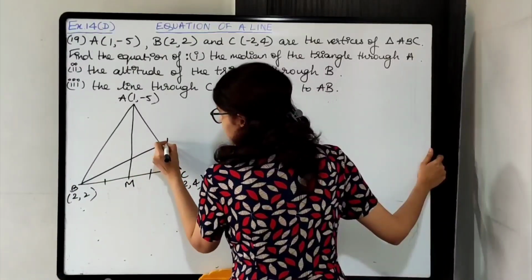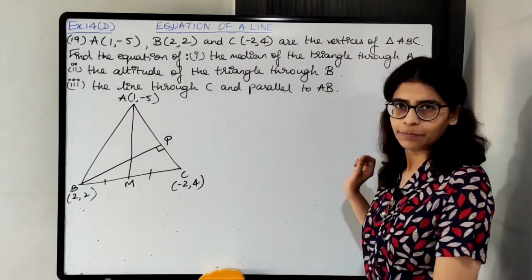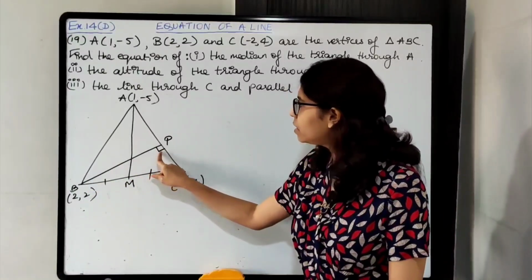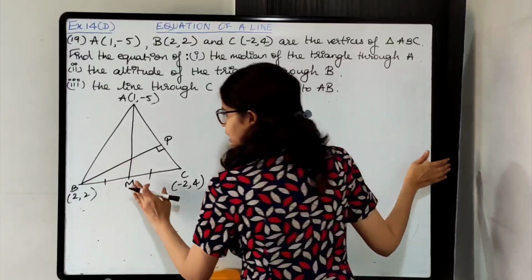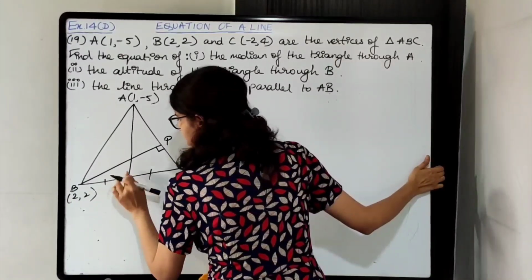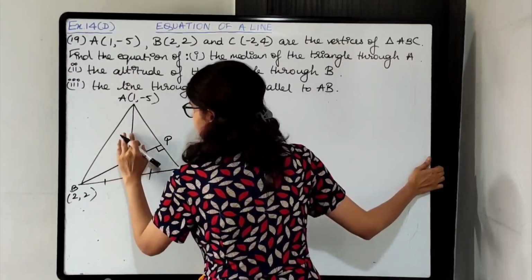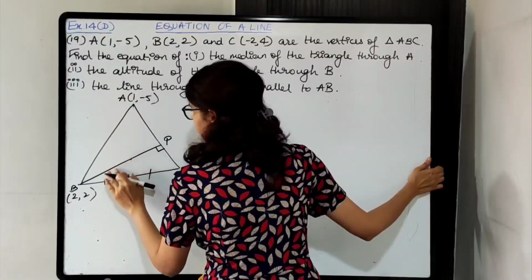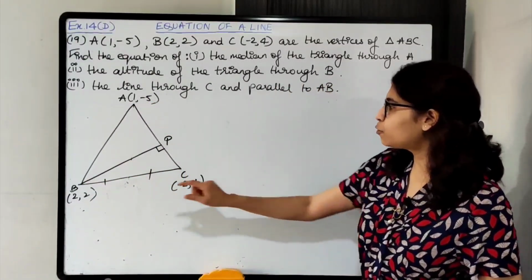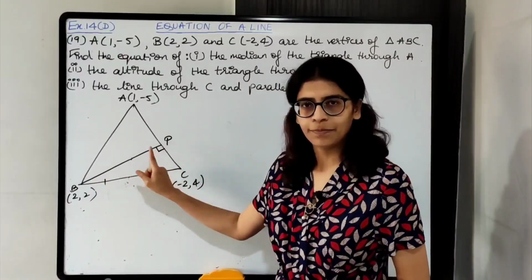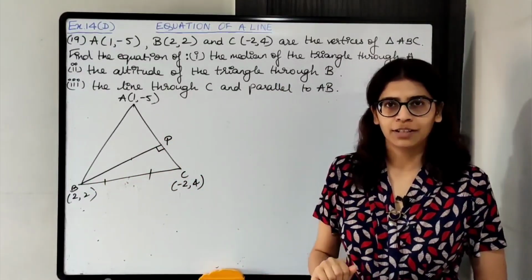Let this meet at point P. So BP is perpendicular to AC. All right. I'll erase this so it will become easy to understand. So BP is perpendicular to AC, we have to find the equation of BP. BP का equation find out करना है.